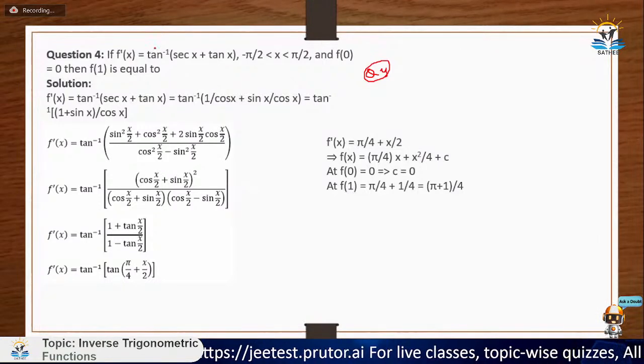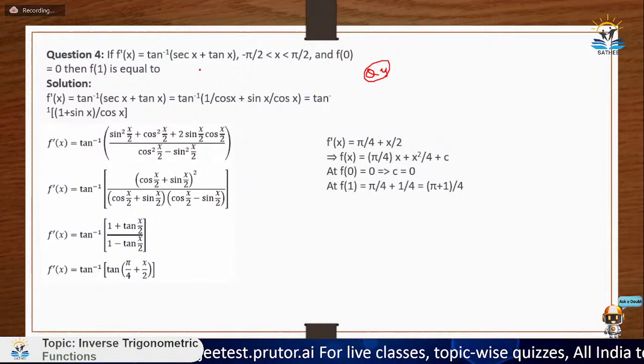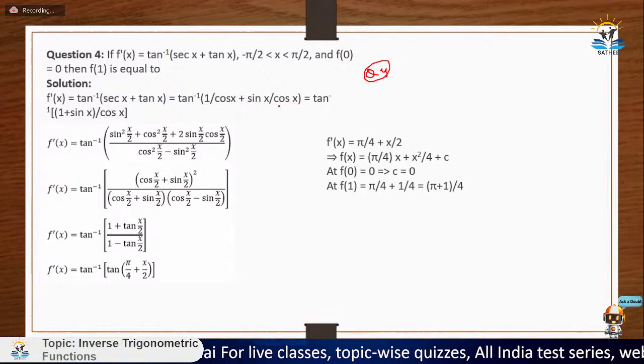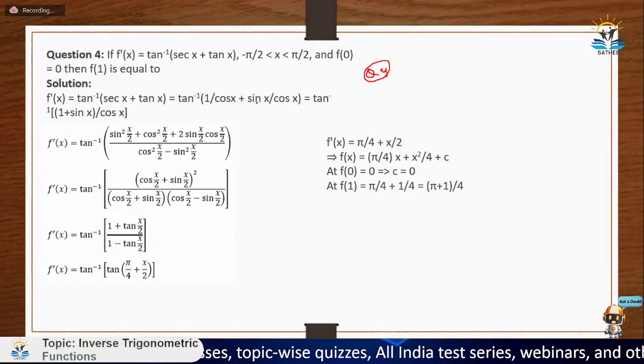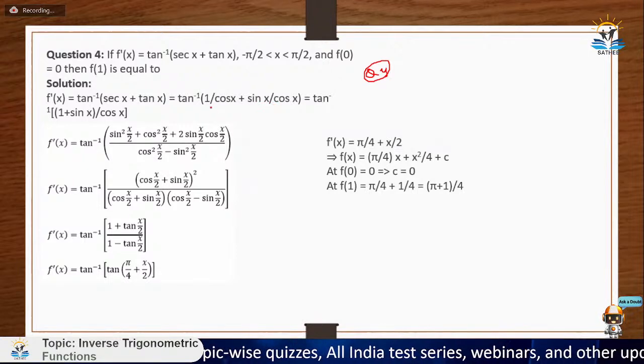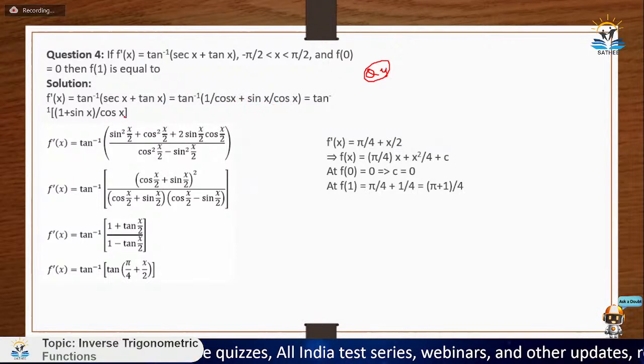That would make it easy. So that's what we did here. We changed sec to 1 upon cos and tan to sin upon cos. On solving, we take cos x as LCM, and we get 1 plus sin x upon cos x. That's what is written here.